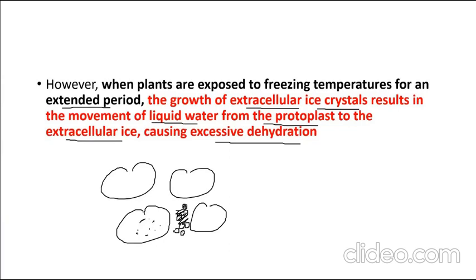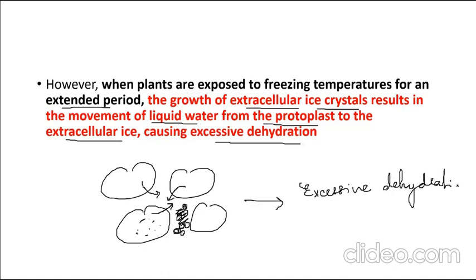When the plants are exposed to the freezing temperature for a longer period, these ice crystals result in the movement of liquid water from the protoplast to the extracellular region. This leads to excessive dehydration. So all the water comes out from the cell, causing excessive dehydration when they are exposed to the longer extended period.